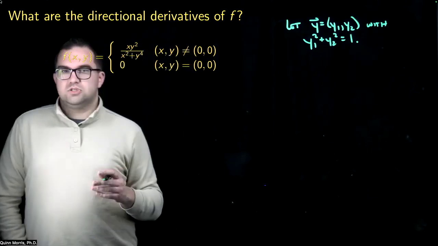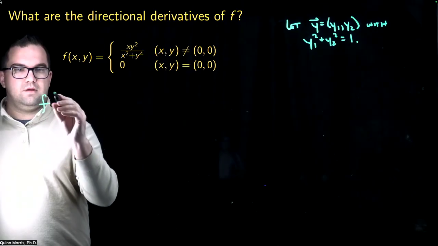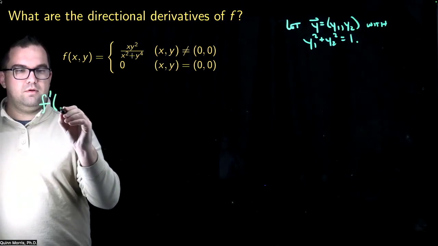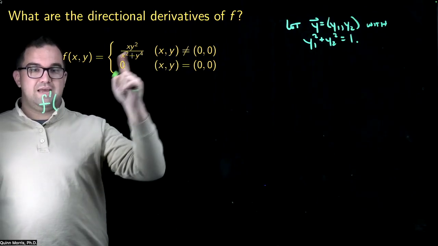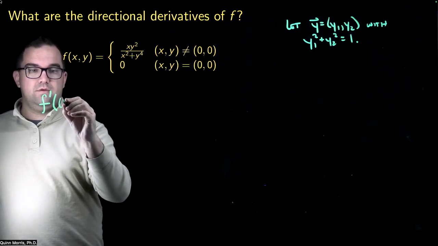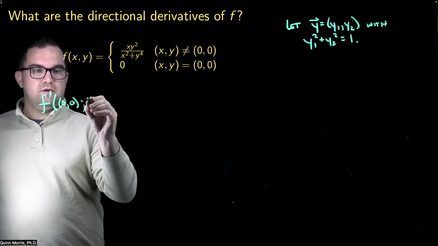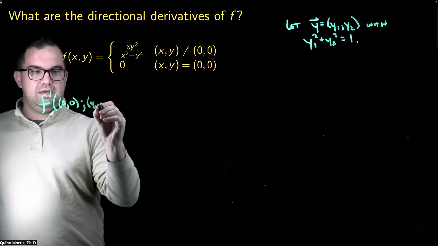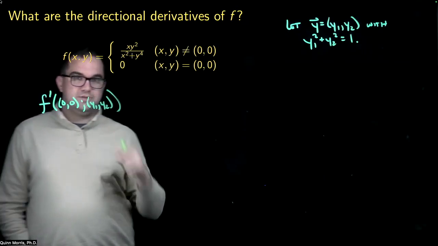All right, so if I wanted to calculate f prime, let's calculate the directional derivative now at 0, 0. That's my point A, and I want to calculate it in the direction of this vector y1, y2.